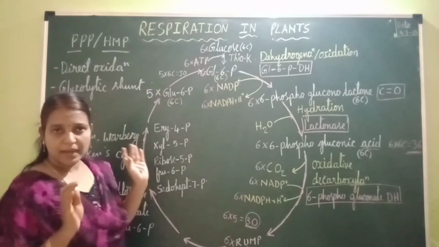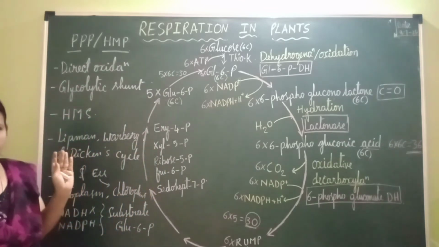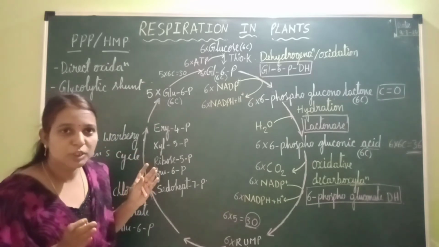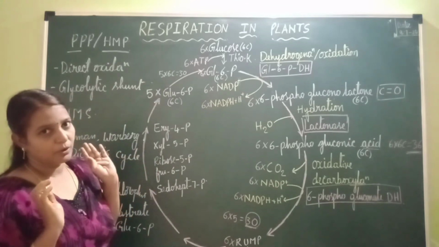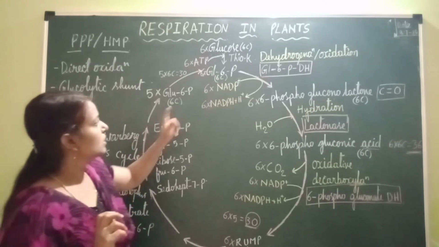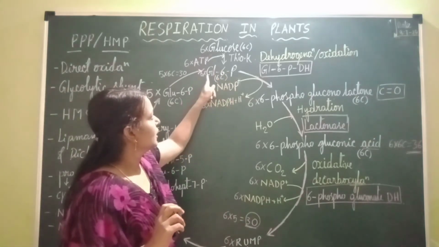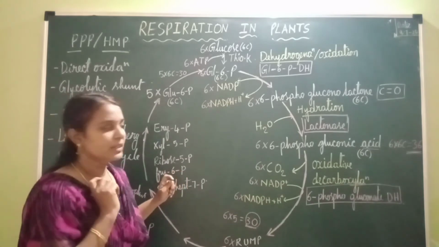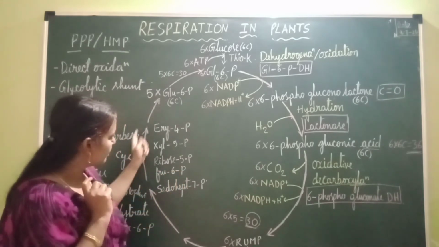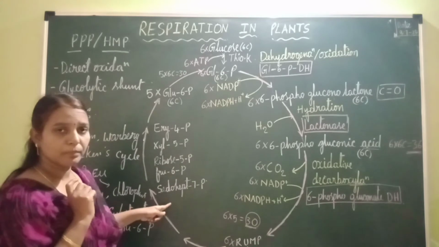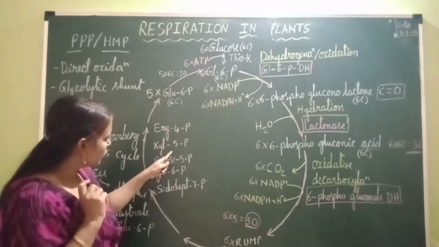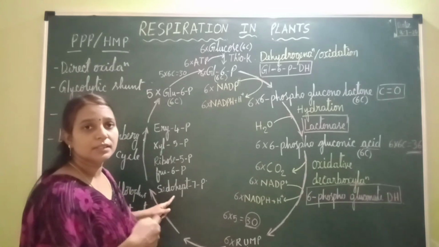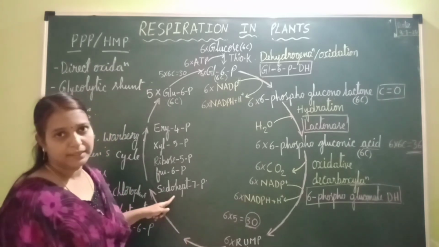Now this PPP pathway is also called an amphibolic pathway because it involves both catabolism and anabolism. It involves catabolism because during this pathway glucose 6-phosphate undergoes breakdown. It involves anabolism because the intermediates formed during this pathway are utilized as precursors for the synthesis of other biomolecules required by the cell.